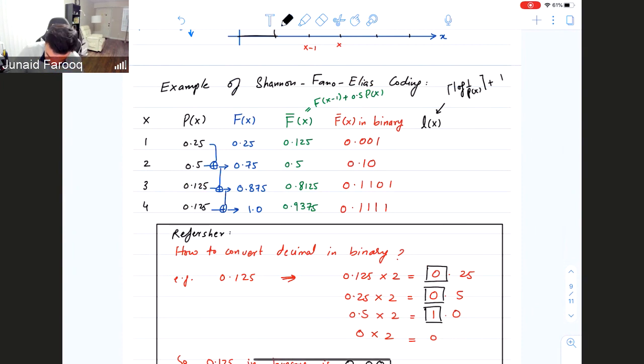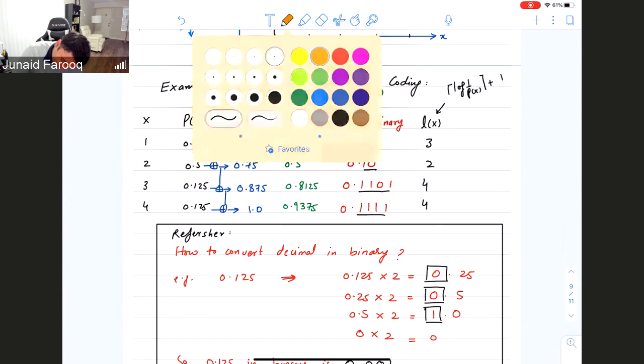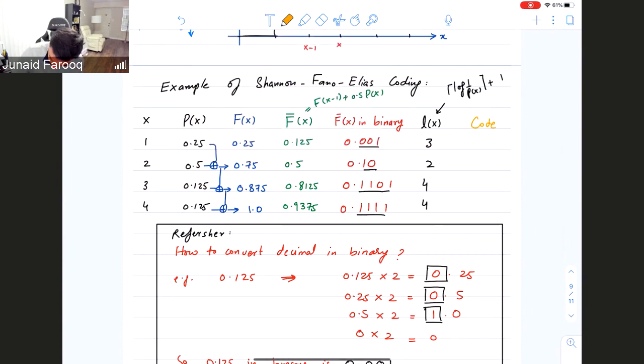In this case, the lengths are 3, 2, 4, and 4. So what you do is you just pick the 3 bits, pick the 2 bits here, and these are your code. So the code is 001 10 11 01 11 11. So this is the Shannon-Fano-Elias code.